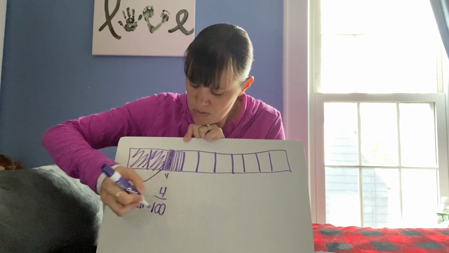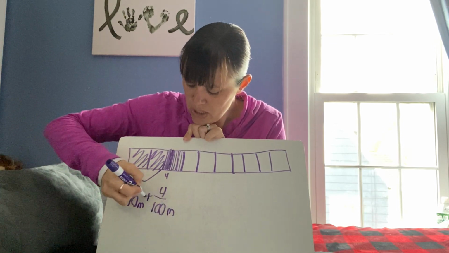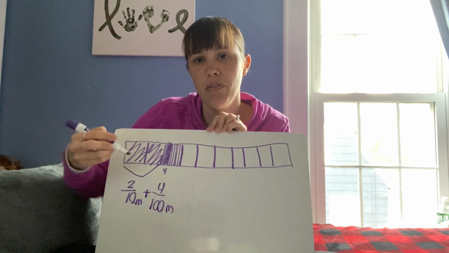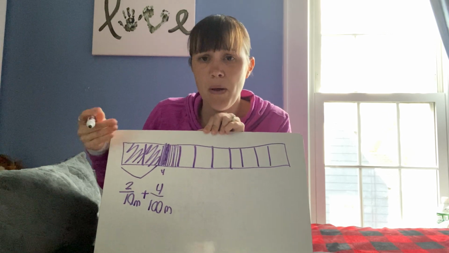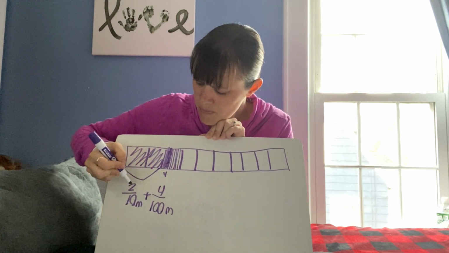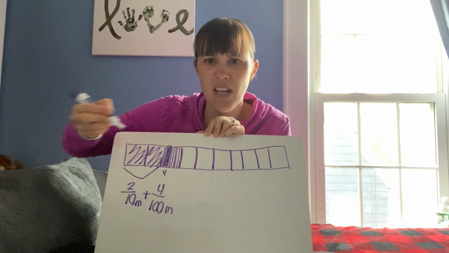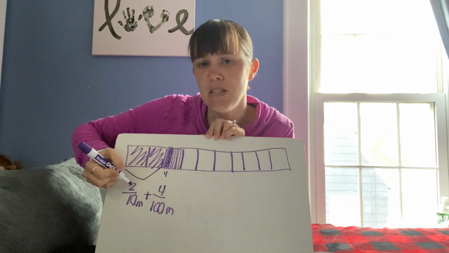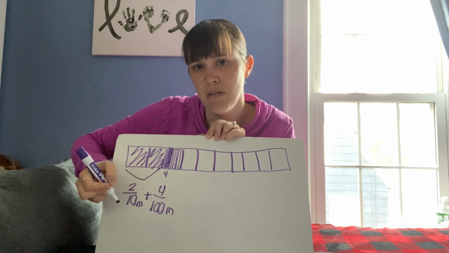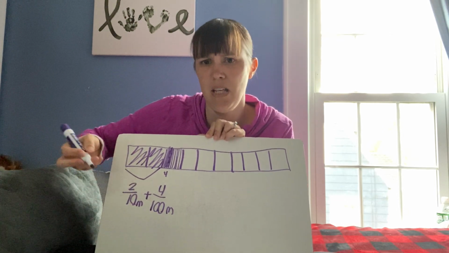So what we're really doing is adding these together to figure out what number this is. You probably already figured it out. Can we just add these? You can. 2/10 is worth how many hundredths? 20. How did I get that?